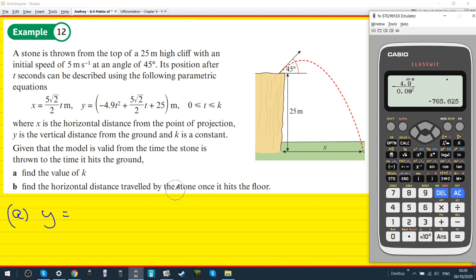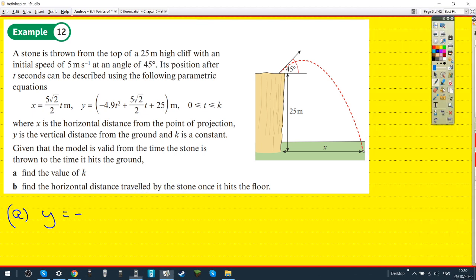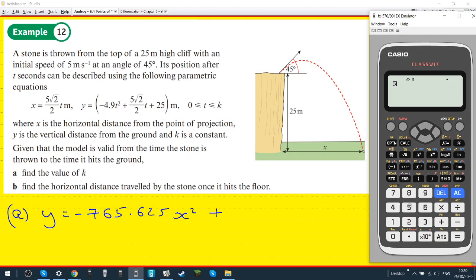Minus 765.625 x squared plus this one with just x. 5 root 2 over 0.16.